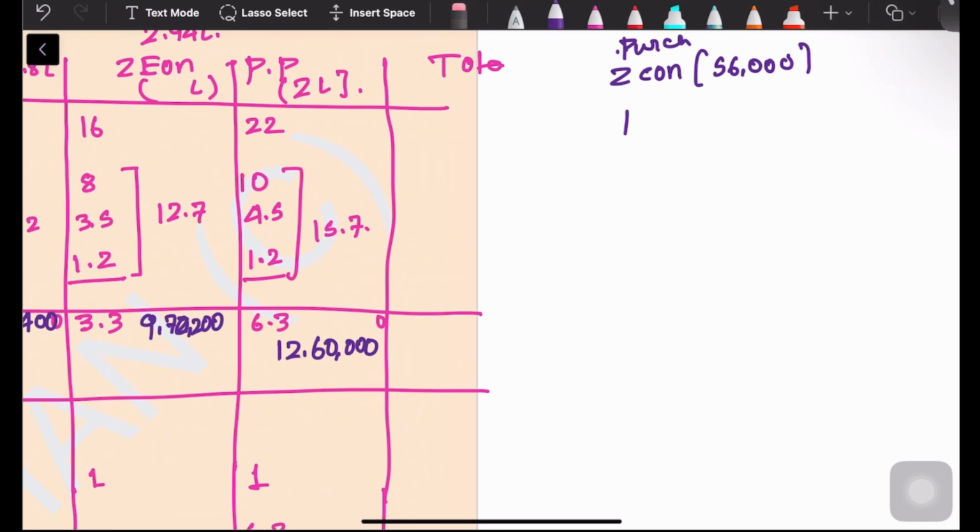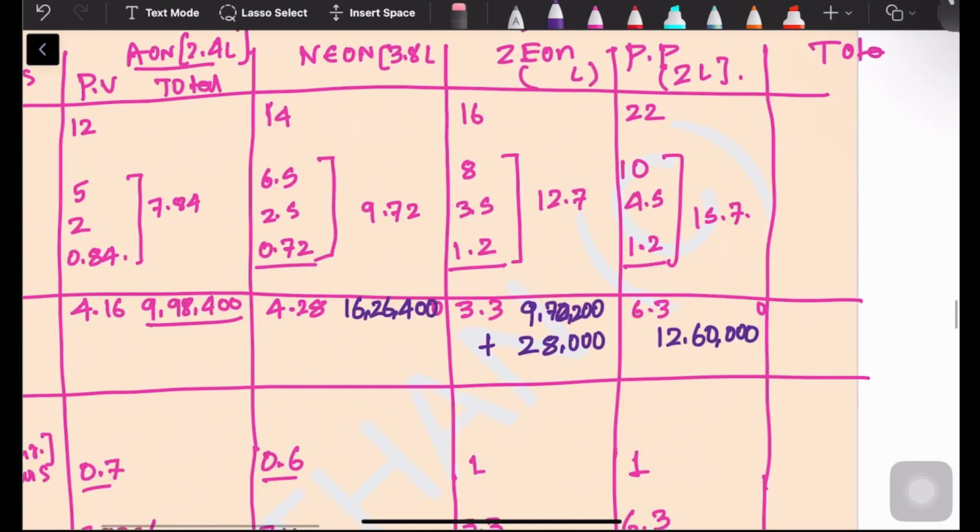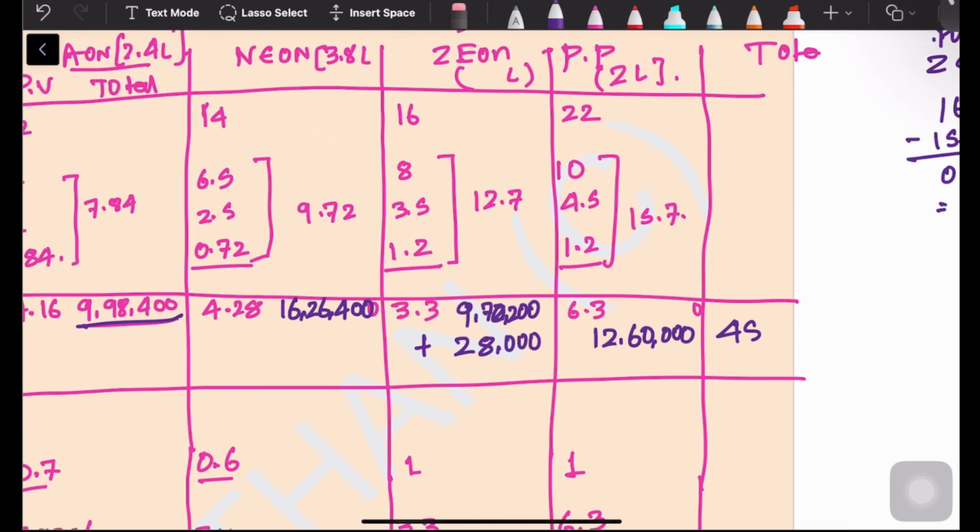Selling price is 16 and purchase cost is 15.5. That means 0.5 into 56,000 is the additional contribution. So plus 28,000, I will add it under Xeon. Now, what is my total contribution? Addition of all this, 48,83,000.